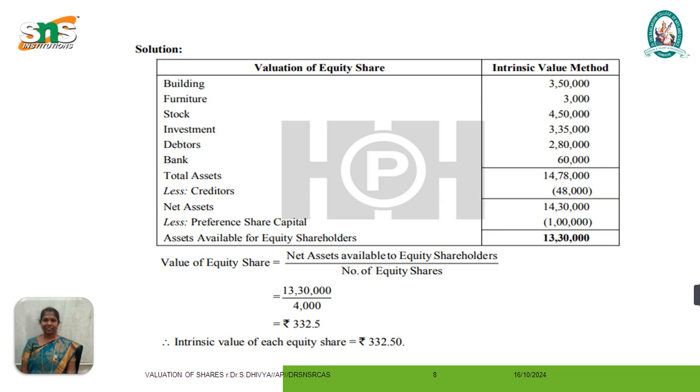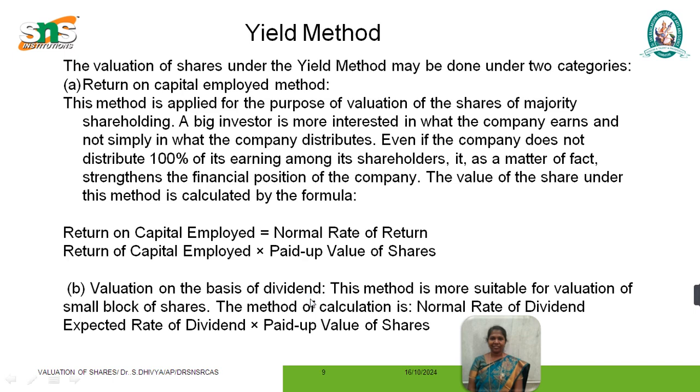The net assets available to equity shareholders are 13,30,000, after listing building, furniture, stock, investment, debtors, bank as total assets, deducting the creditors and the preference shares. So the value of the equity share is 13,30,000 divided by the number of equity shares, 4,000, so totally 332.5 is the intrinsic value of each equity share.